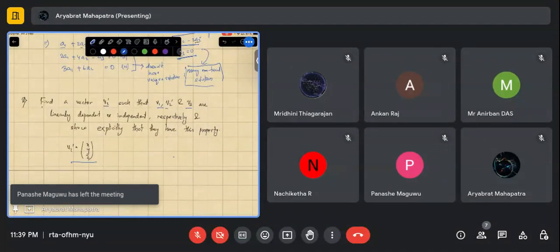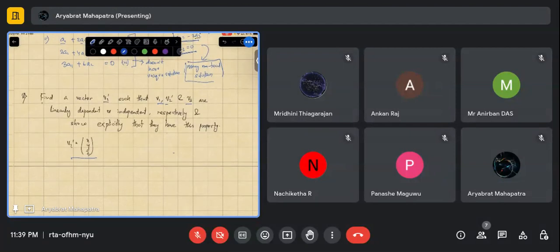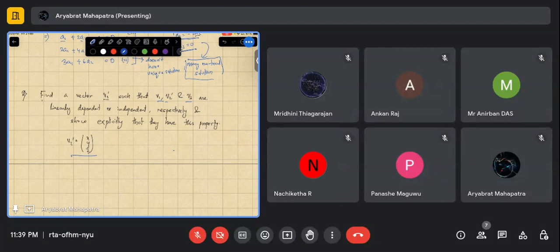Let's say this v2 prime is linearly independent with v1 and v3.